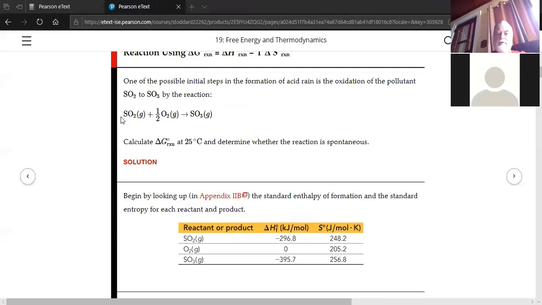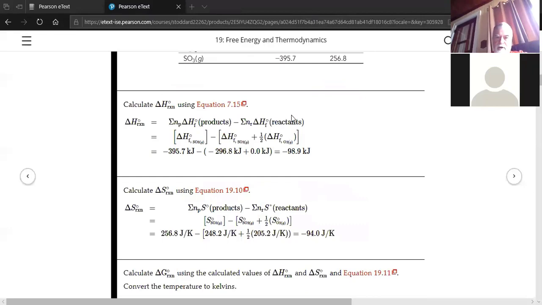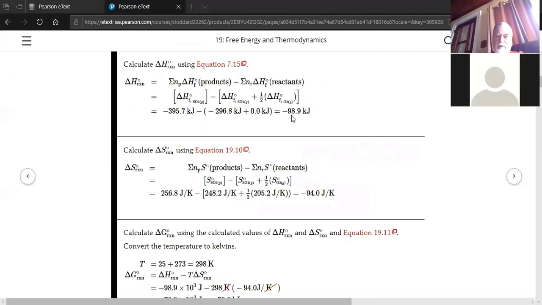So there's a 1 in front of the SO2 and the SO3, but there's a half in front of oxygen. So when you go down here to apply the formula, you have to put that half in here when you're doing entropy, because the entropy of oxygen is non-zero. So that's where this 1/2 here comes from, the coefficient in that chemical equation, the way that it's written.